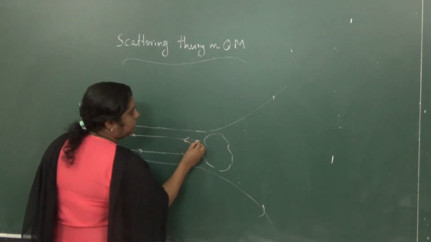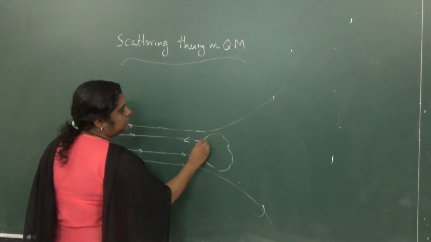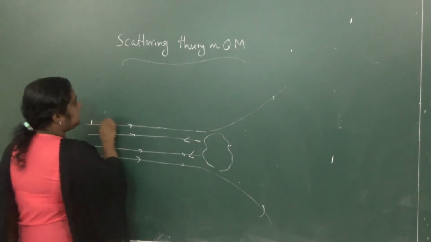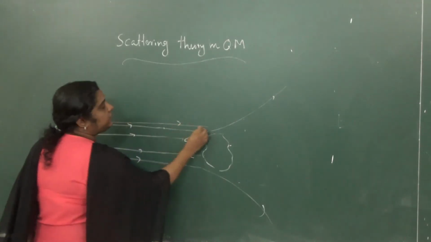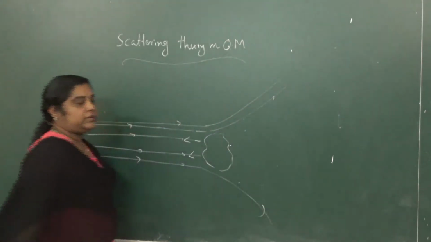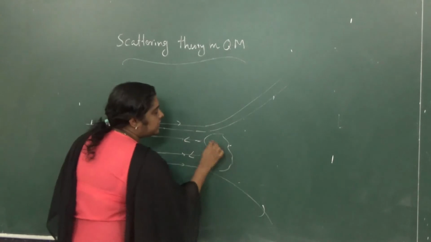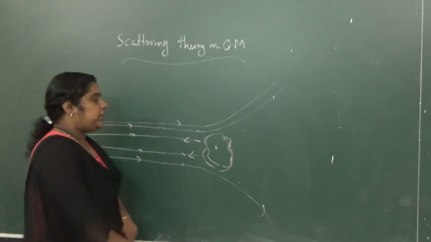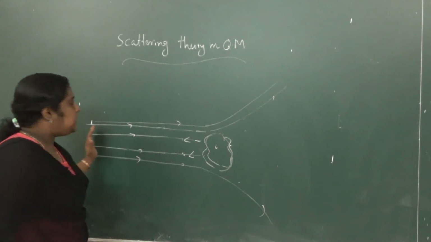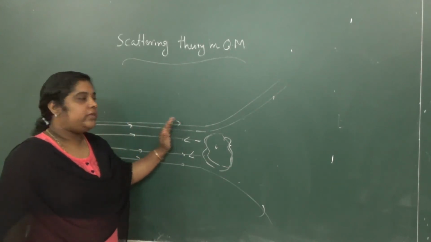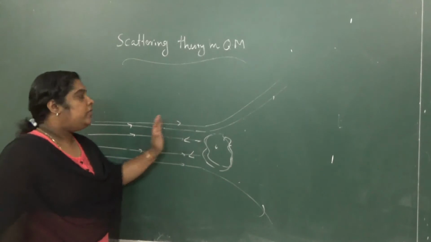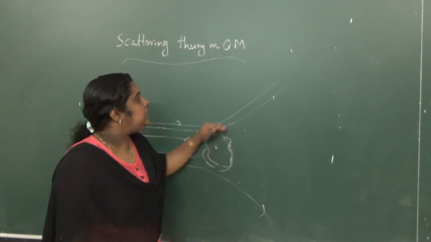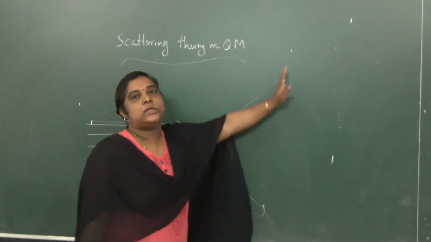Sometimes it may be reflected back. Likewise, different particles will be scattered at different angles. This is our scattering center. Our incident particles are coming with some momentum, which is influenced by some potential here, and it is deviated, scattered through some angle.